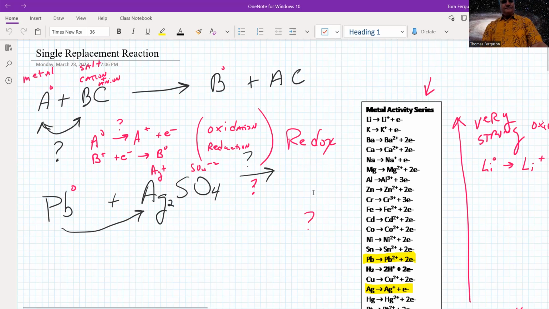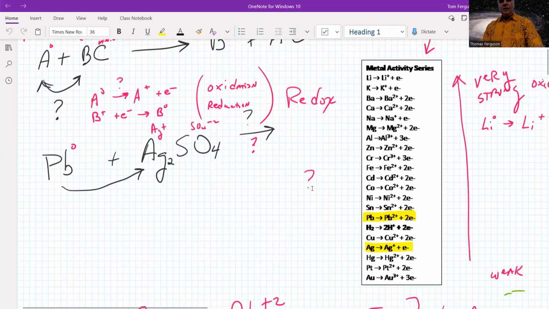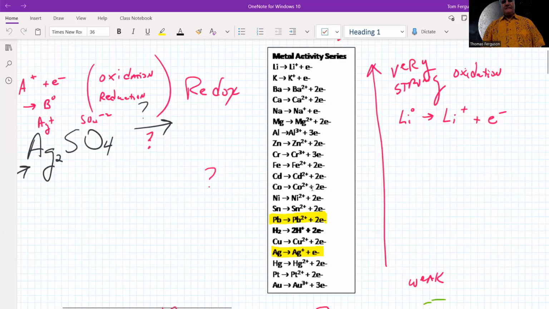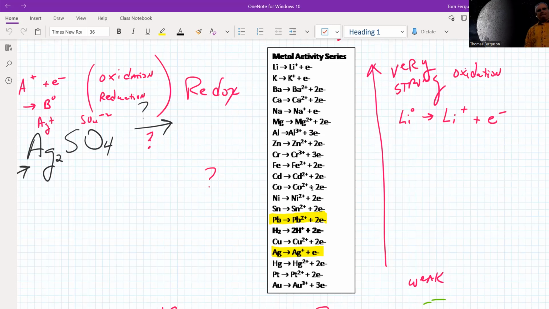So there's something called an activity series. It's set up to show you which metals like to lose electrons. The higher on the list, the more they want to lose electrons, or want to be oxidized. Low on the list are the ones that don't like to be oxidized. So then you're in a situation where you have 2 metals, and one's going to oxidize more easily than the other one.